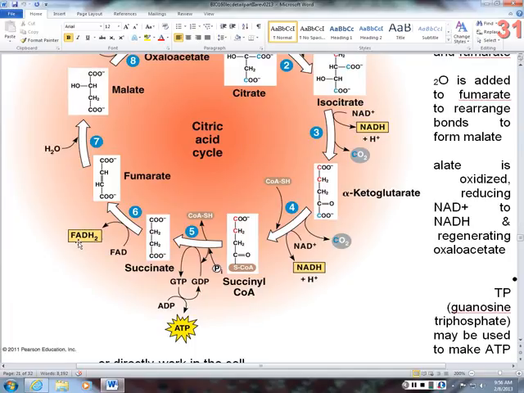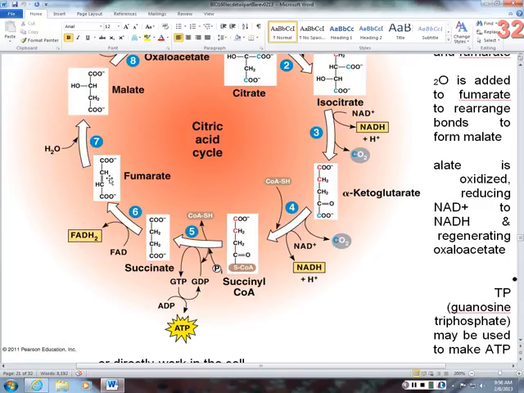So if it helps you to think of these things as all being a type of energy currency, your ATP is like your dollars, your NADH would be some euros, FADH2 some pesos. They're all energy currency, but at the end you're going to convert into dollars.